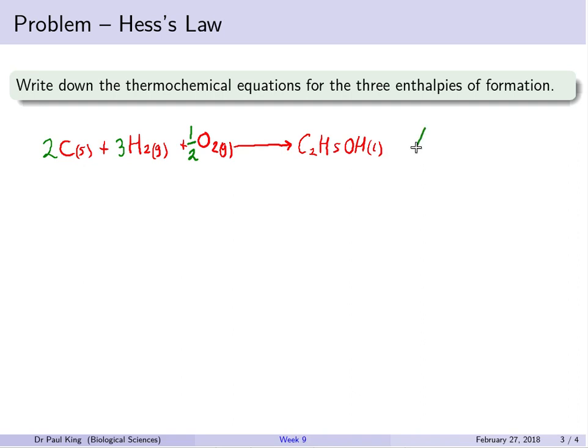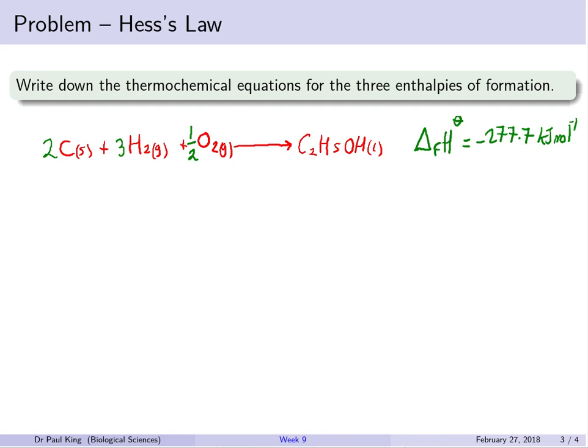And in this case, the associated enthalpy change is the enthalpy of formation of ethanol, which in this case is minus 277.7 kilojoules per mole. Okay, so that's our balanced thermochemical equation for the formation of ethanol.